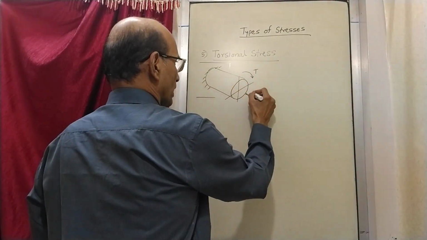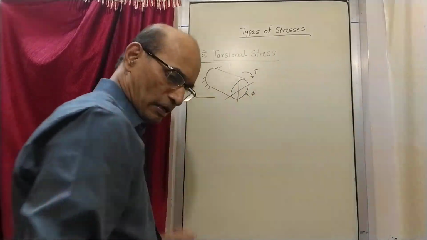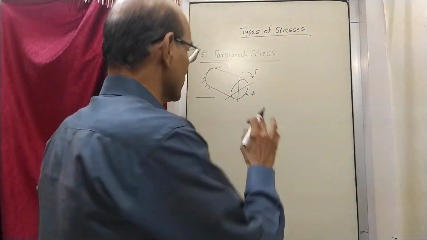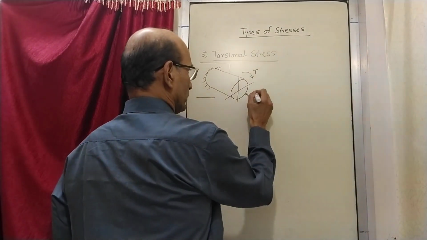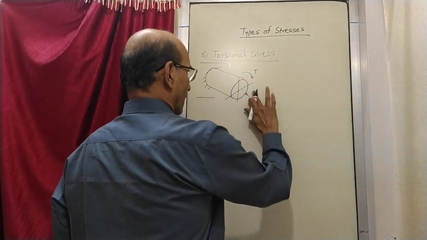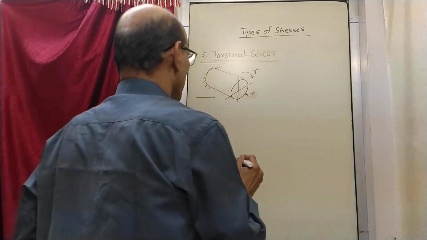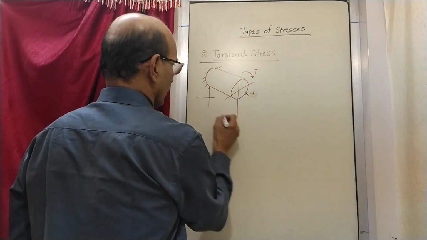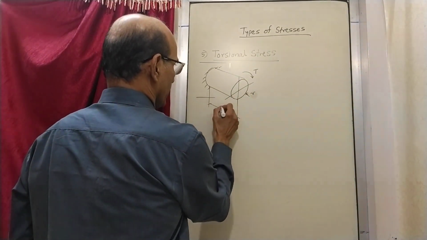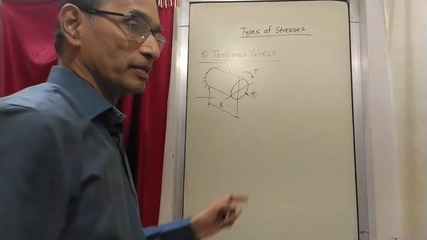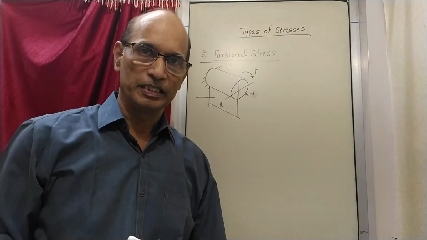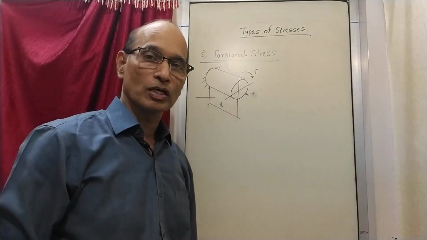Now this has got diameter, say I should have mentioned the diameter or maybe radius. The radius is R, length of the rod is L, radius is R, you have applied a torque T, and now under this situation what happens?